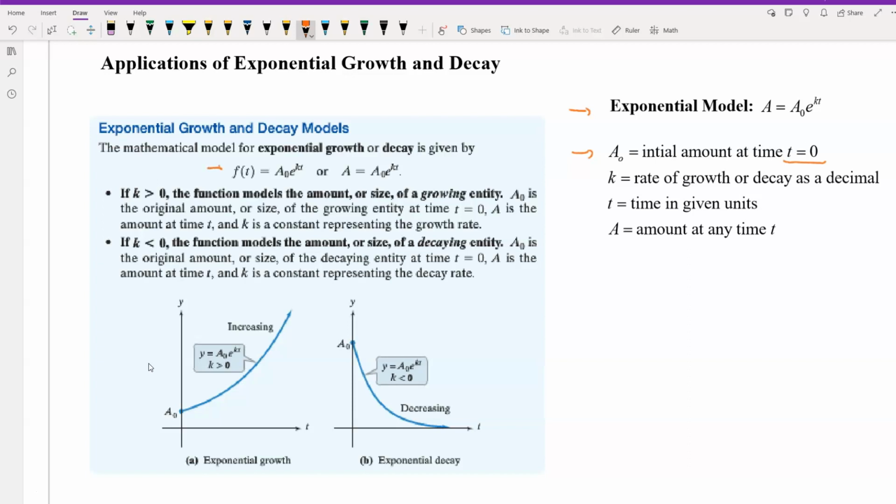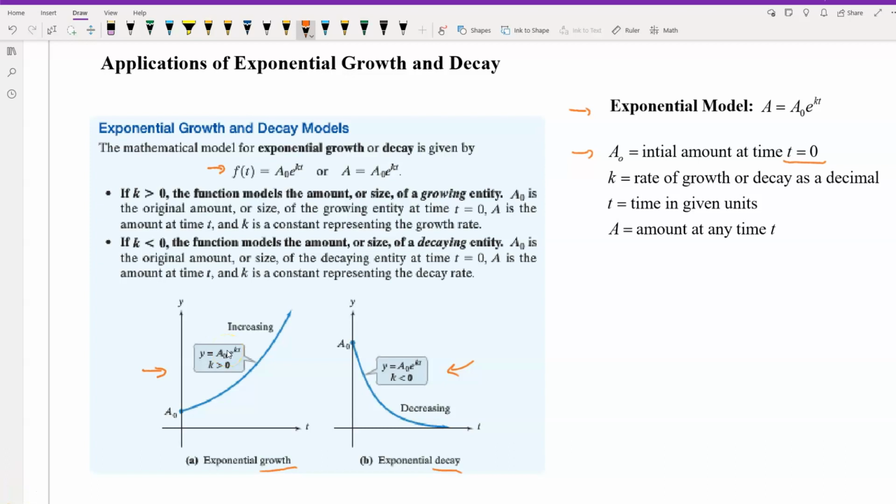So based on this function that we have here, f of t, where t is time, equal to A sub 0 times e power k times t. When k is greater than 0, so this one here, part A, we're going to have growth. If k is less than 0, we will have decay.